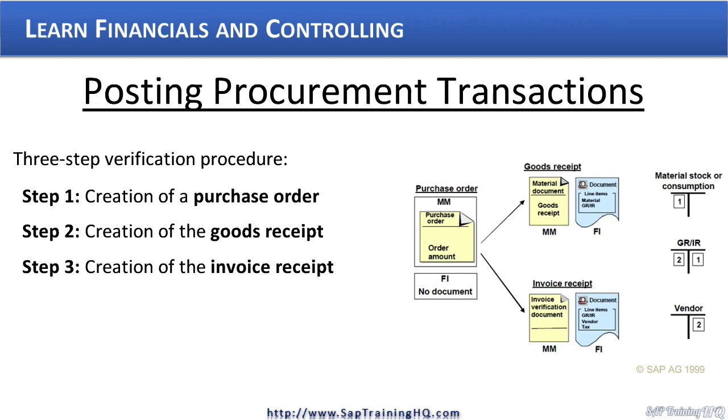The financial accounting document contains the invoice amount that is posted to the goods receipt / invoice receipt account, the debit, and the vendor account, the credit. The last two steps can be interchanged depending on the order in which the goods and the invoices are received. The goods receipt and invoice receipt account ensures that goods were received for each invoice and vice versa.